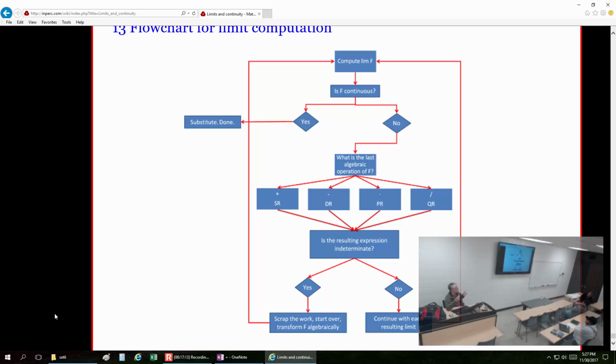Infinity minus 5, is it indeterminate or not? It's 5 less than infinity. What is it? It's still infinity. So infinity minus 5 is not indeterminate. It's infinity. Infinity plus or minus any number will give you infinity.